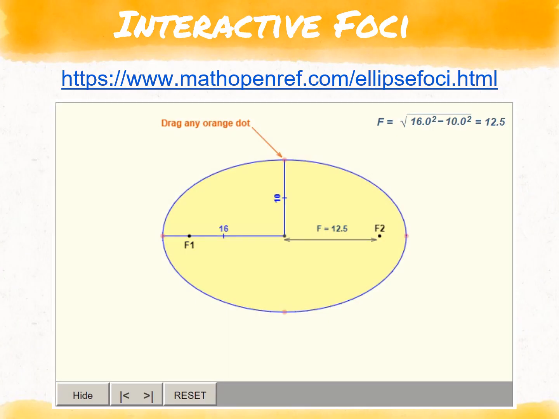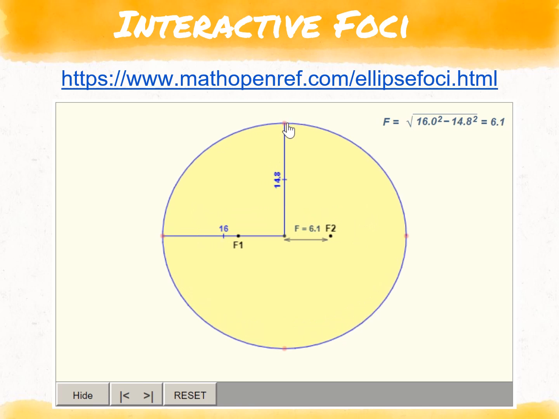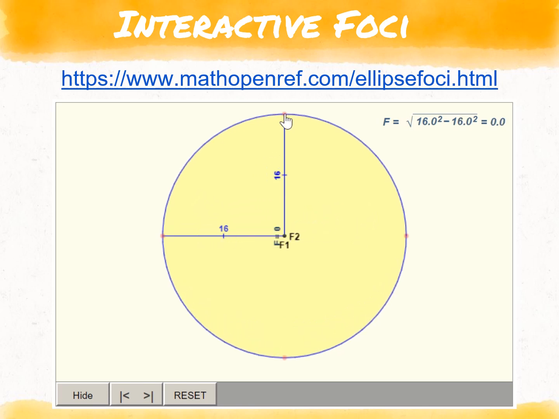If you would like, this link can provide you with a great visual representation to compare circles to ellipses. What this link does is it allows you to sort of stretch. If I have a circle with a radius of 16, you'll notice we didn't talk about a focus in a circle because it is at the center.